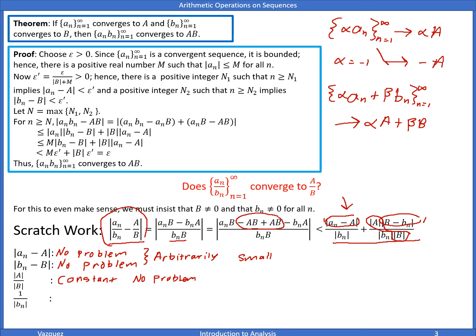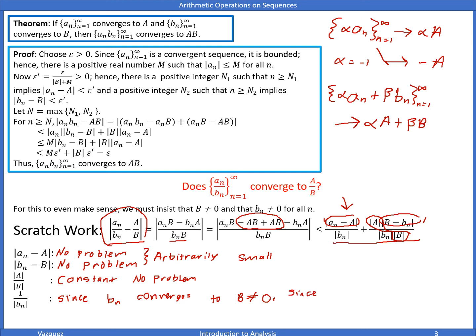If you want, you can pause it, think about it for a bit. But I'm going to write the reasoning. So, let's see. Since the sequence b_n converges to b, and b isn't 0, this shouldn't be difficult, right? Why?